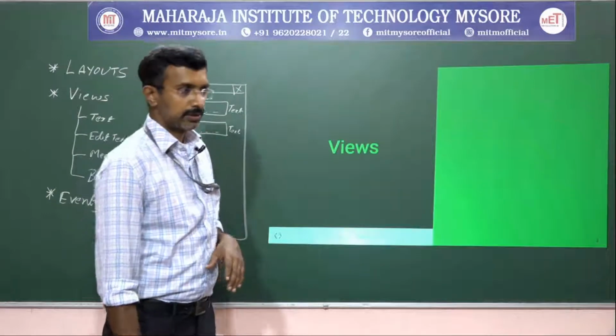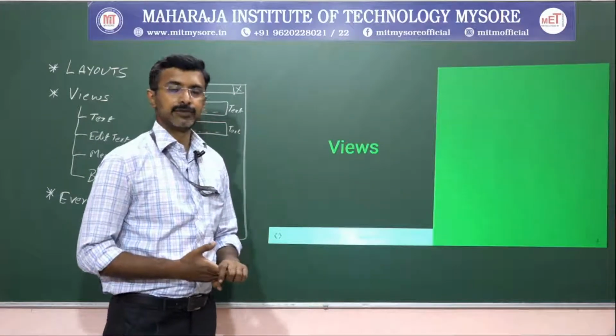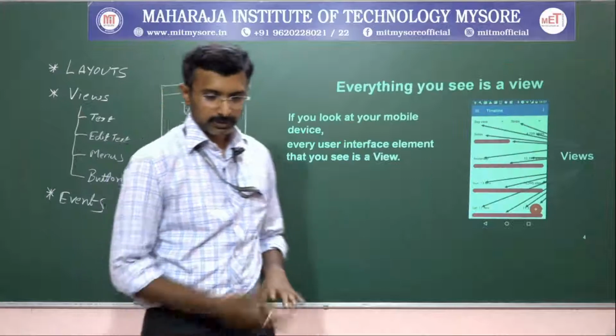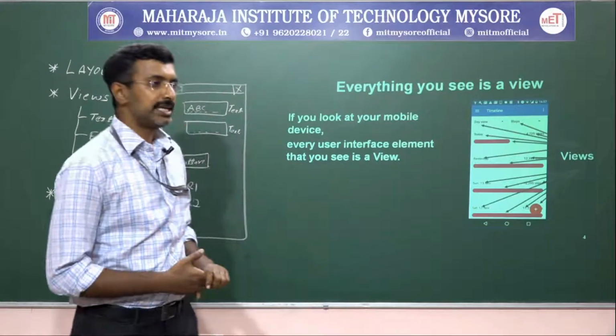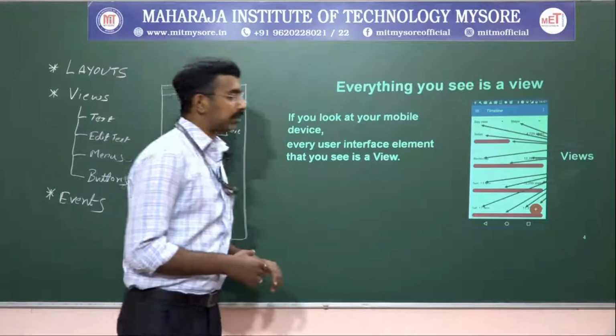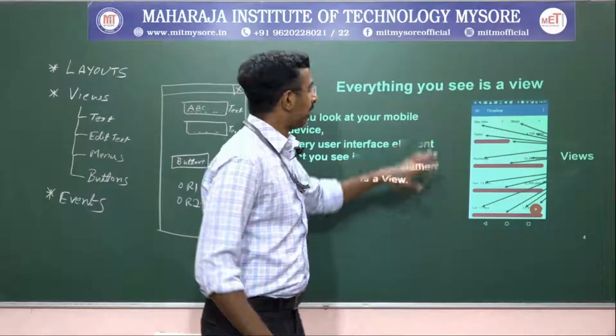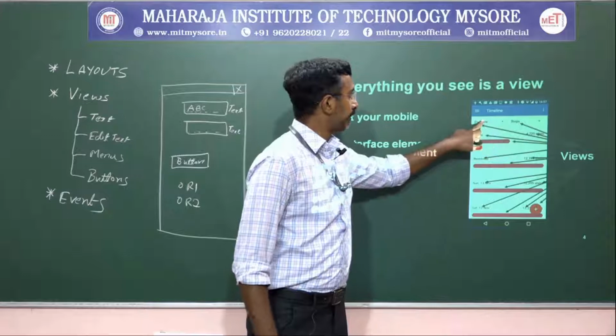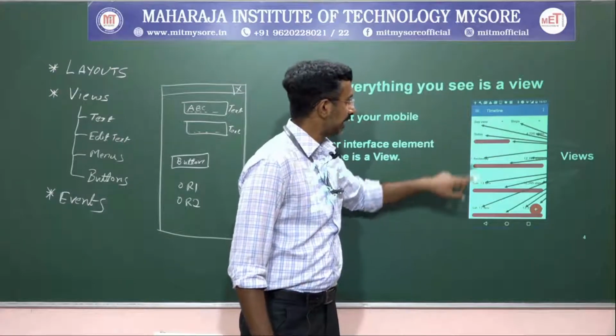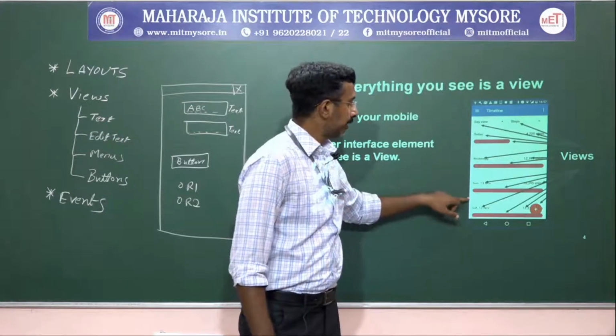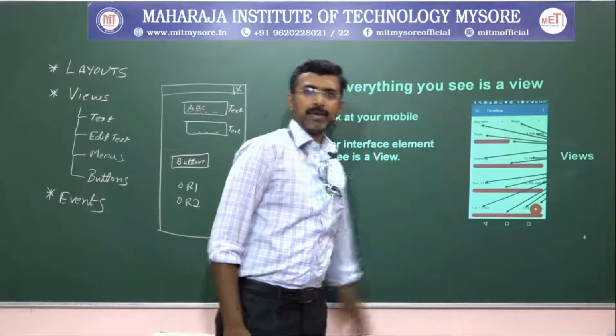To start with, the first one we are going to take is the view. Everything you see is a view. For example, you have a drop down list, you have a slider, you have a button, you have a date picker, many things are there.